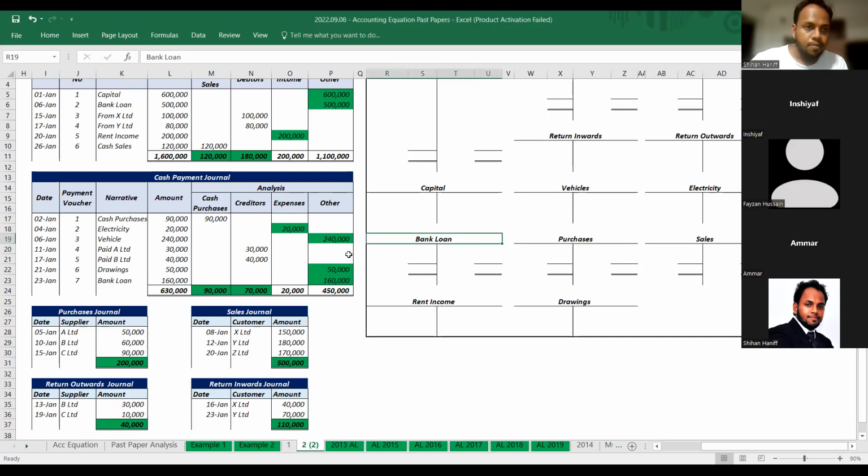Okay, so we will start with recording the purchases. Purchases double entry: purchases account debit, creditors control account credit.